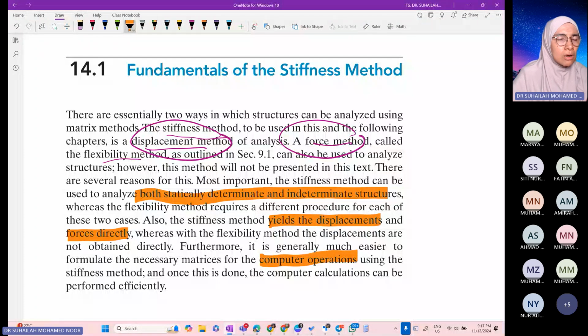Okay, so all structural engineering software, maybe ETABS, maybe LUSAS, SAP, and many more, so semua tu pakai stiffness method. Banyak software yang sebenarnya semua tu adalah stiffness method. So the theory behind the software is actually the stiffness method.